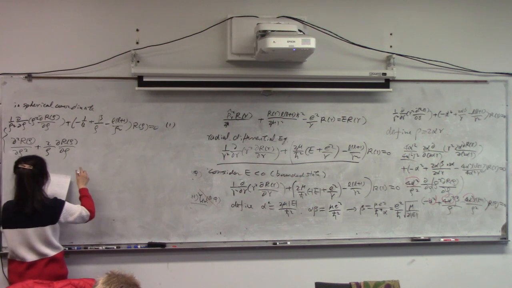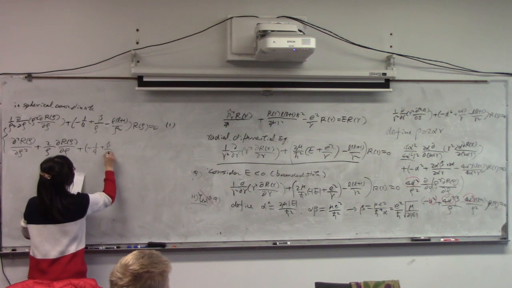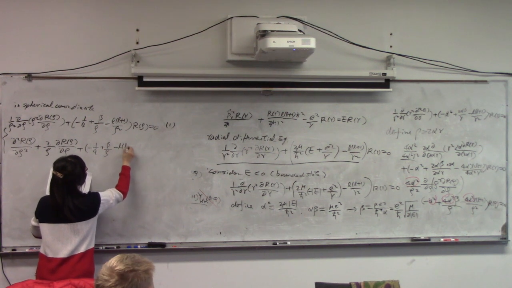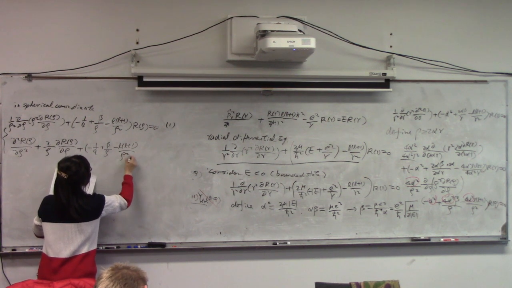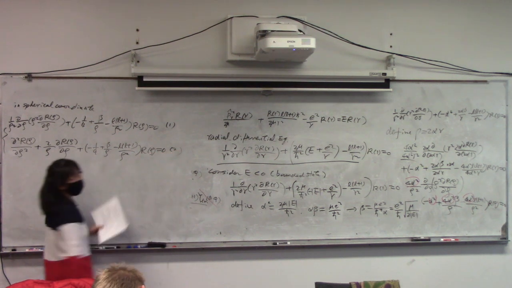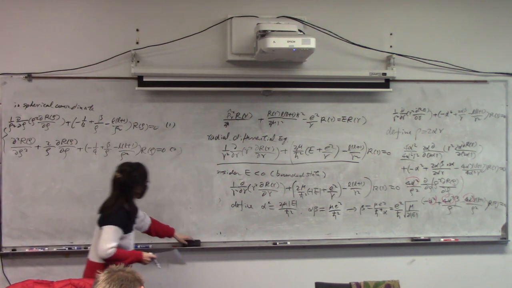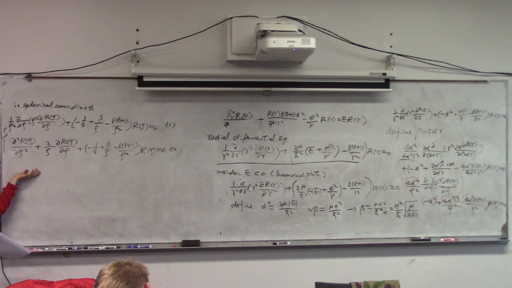And the remaining part same. The second part is 3 terms, keep the same. So I'm going to say option 2. Both are okay. So this is the equation we are going to start to deal with.